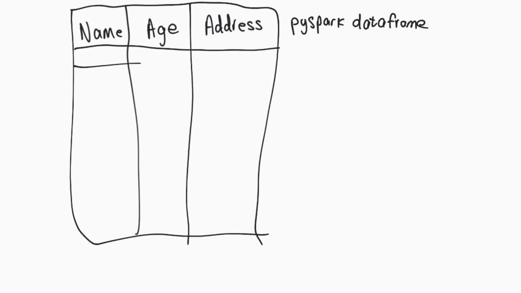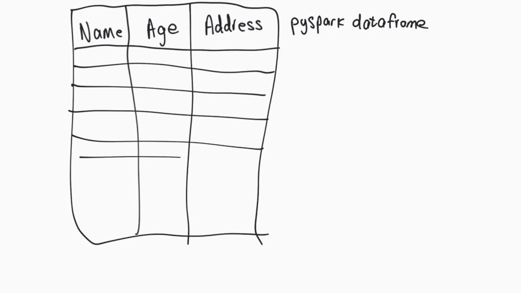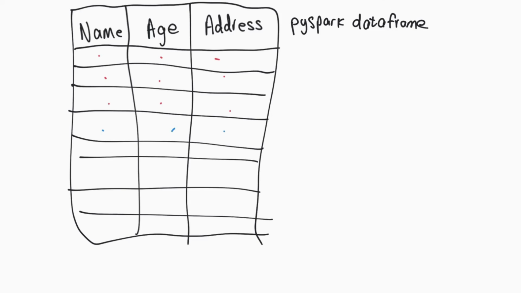So if this thing has 10 rows, or whatever I'm about to draw, I'll say this is a red one, red one, red one, blue one, blue one, blue one, blue one, blue one, blue one, green, green, green, green, green, green, green, green, green, this thing is distributed.